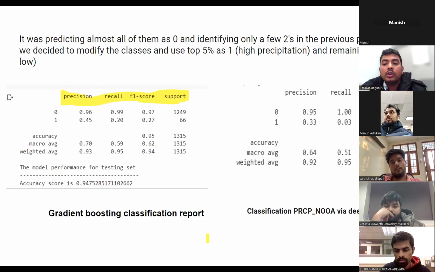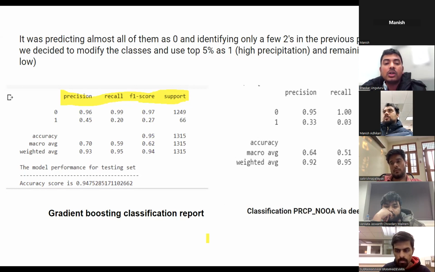We modified the threshold. Before it was the top 10%; now we changed it to 5%. That means the top 5% will be treated as class 1, and the remaining 95% of the data will be treated as class 0.